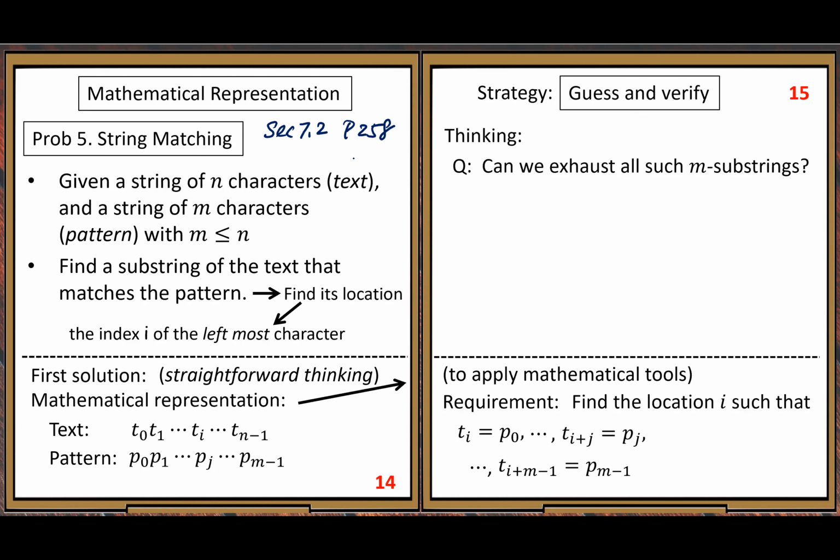But the question is, can we exhaust all such m substrings? An m substring is a substring with m consecutive characters; a substring must be consecutive characters. We need to find all the possible m substrings. To get this number, we use the guess and verify strategy.